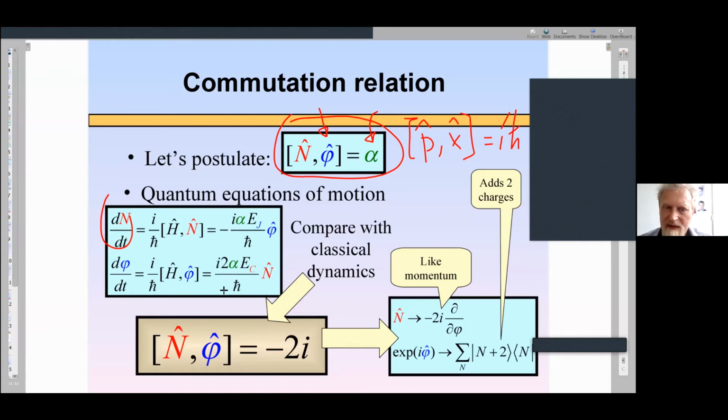And what I see is that these quantum equations reproduce classical equations if alpha is set to minus 2i. Here we are. We have quantized our system, Josephson effect plus Coulomb blockade, charge and superconducting phase.